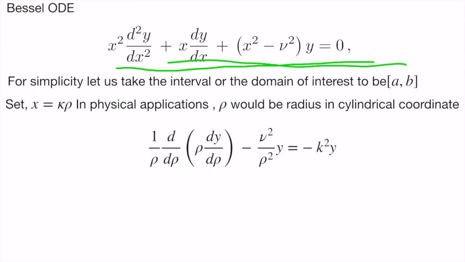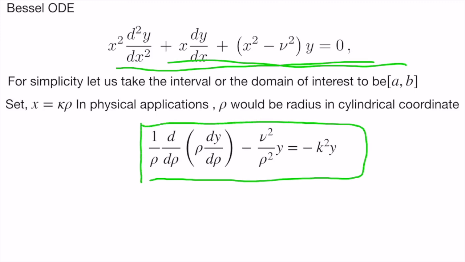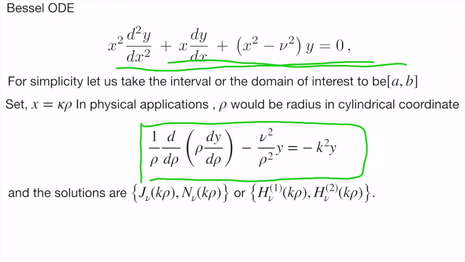But for a physical problem, we would need a form of this in which rho directly corresponds to the cylindrical coordinate system. Now we can have a solution in terms of Bessel function, Neumann function, or Hankel functions of first and second kind.